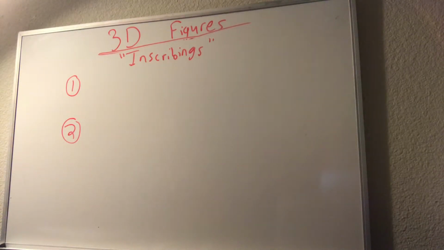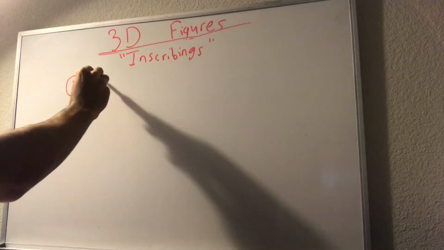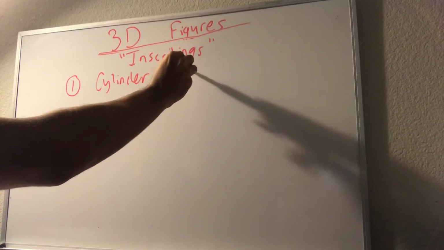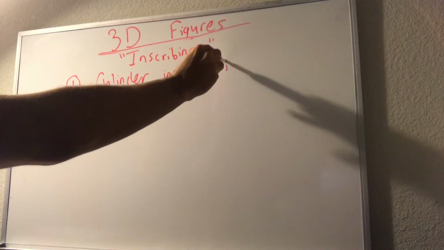So the first possible inscribing is that a cylinder may be inscribed in a sphere.